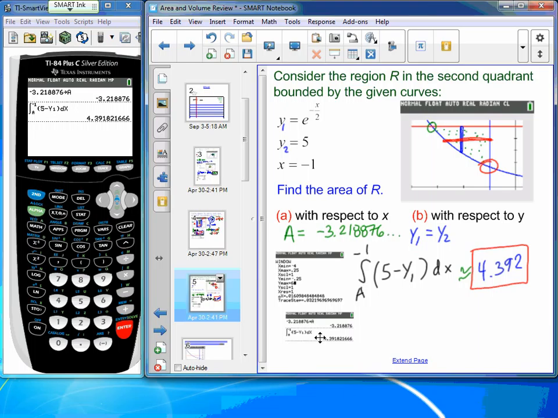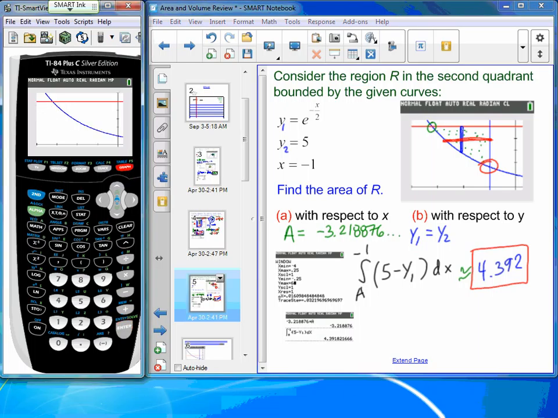We can verify with the trace, and just trace the y curve at -1. And we get 1.648723.